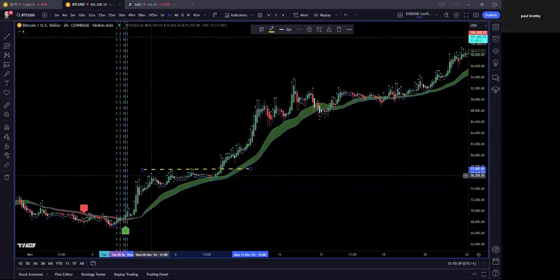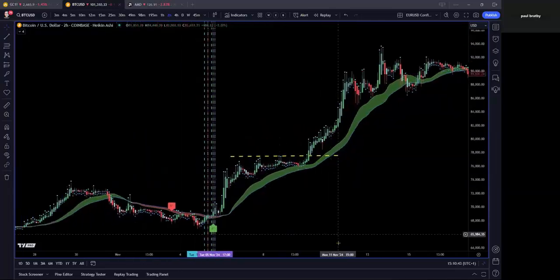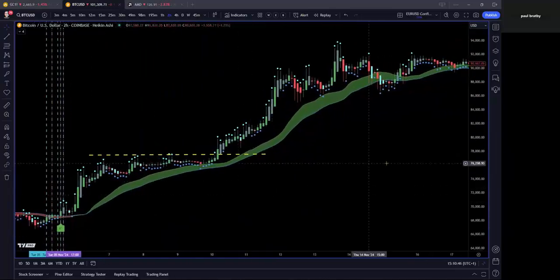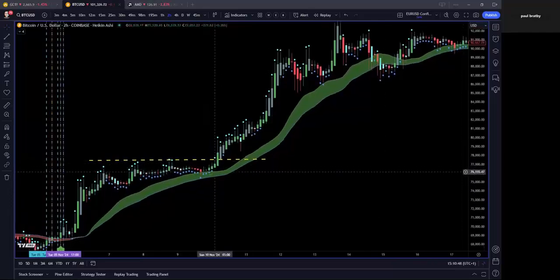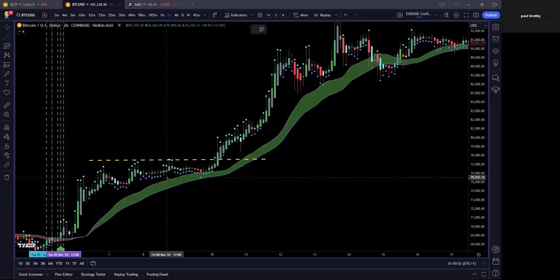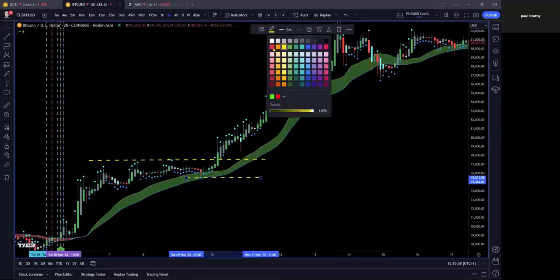Okay, so we see it's struggling to push through. We pull back onto this pivot here. Let's walk through this. Once it breaches and closes up above there, I can then place my stop under the previous low pivot. Let's turn that red.